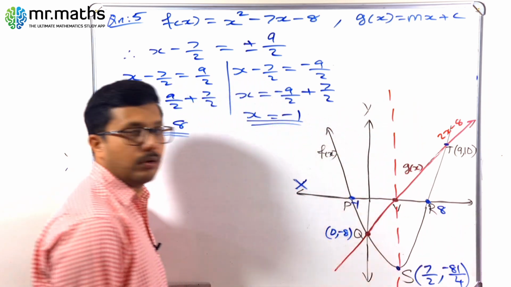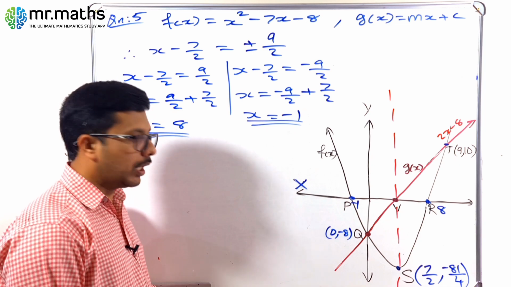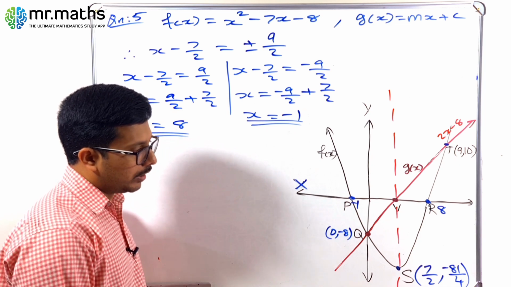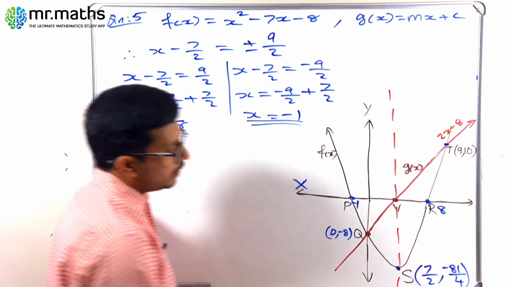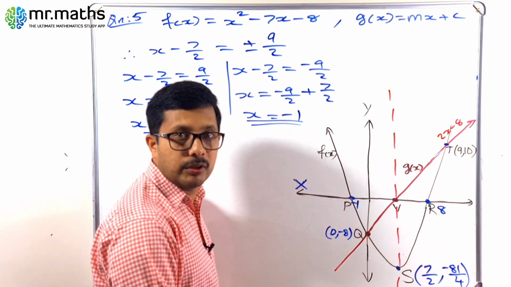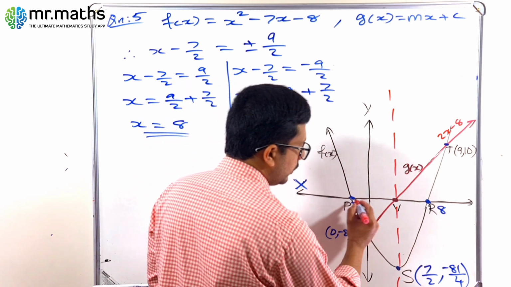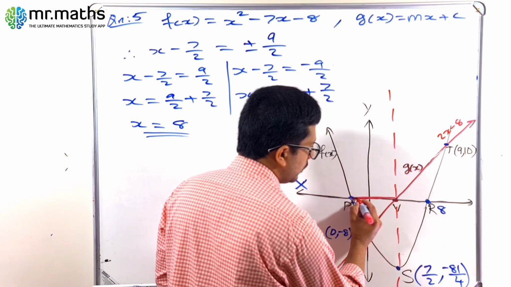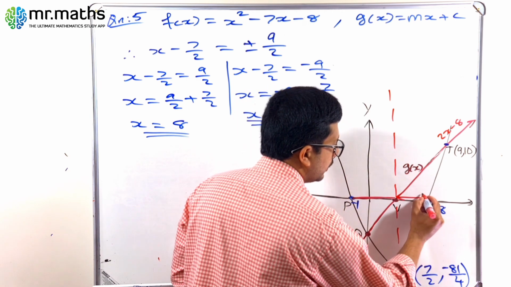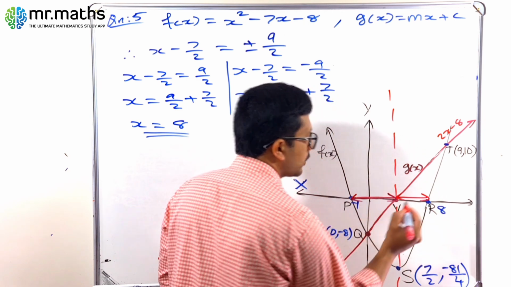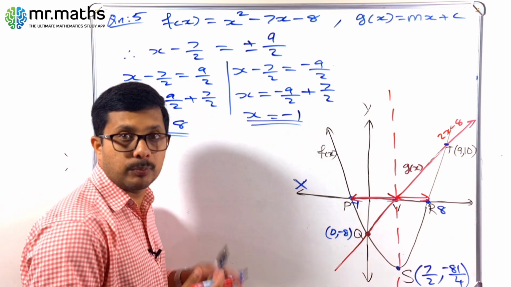This is the axis of symmetry. And this axis of symmetry means what? Even though it doesn't look like that, the axis of symmetry means this distance and this distance are the same.